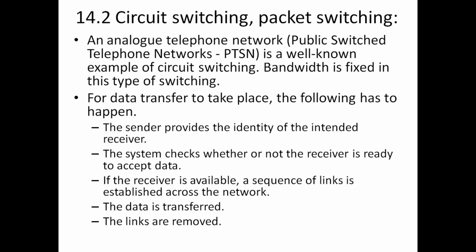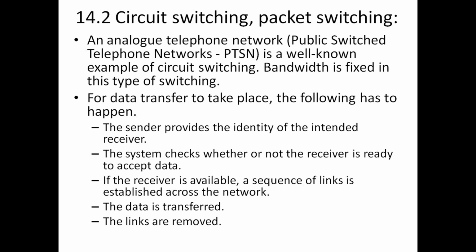For data transfer to take place, first of all, the sender would provide the identity of the intended receiver. The system would check whether that receiver is ready to accept data or not, like if you dial somebody's number on your cell phone, the first thing the cell phone tower or the cell phone company does is check whether the other person is free or already on another call.